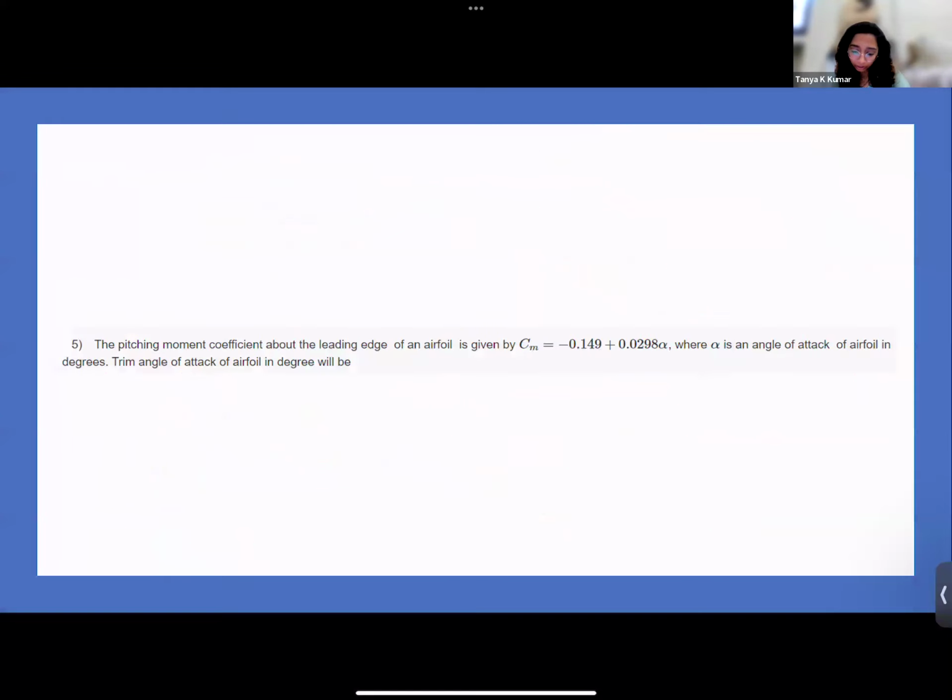Right? Now let's look at a few questions. The pitching moment coefficient about the leading edge of an airfoil is given by this equation. I think we have done something similar in the last class, where alpha is the angle of attack of the airfoil in degrees. What is the trim angle of attack in degrees? It's very simple.